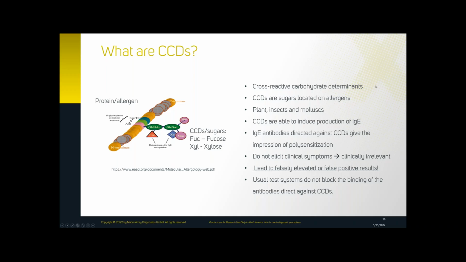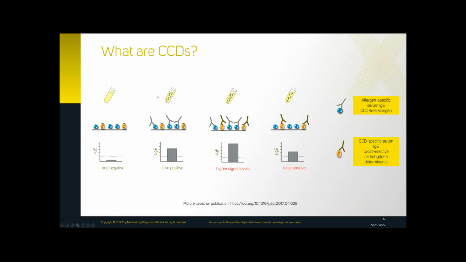Usual test systems do not block the binding of the antibodies directed against CCDs. So if you have a serum without any specific IgEs, you get the true negative signal. If you have antibodies directed against the specific allergens, you get the true positive signal.